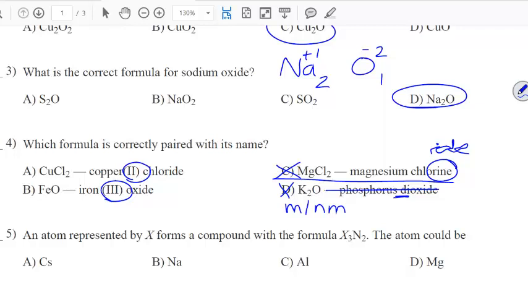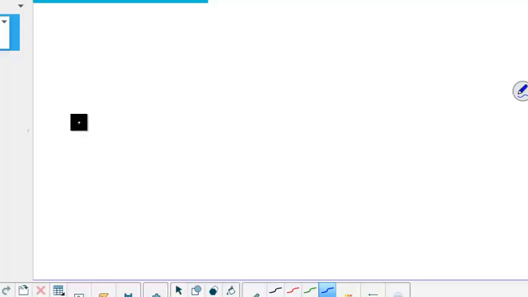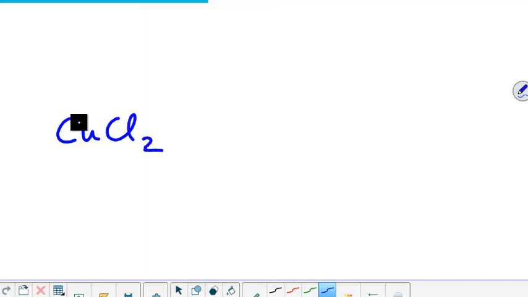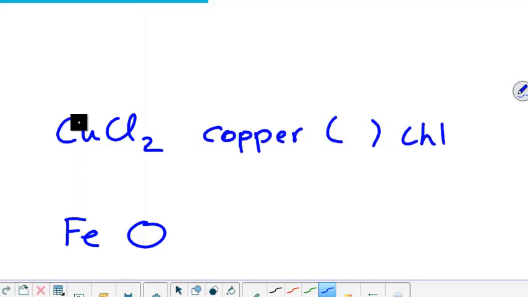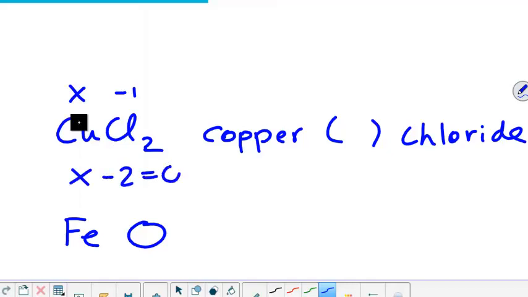So if we have CuCl2, what should that be called? And if we have FeO, what should that be called? All right, so we know it's copper chloride. The question is, what should the Roman numeral be? So remember, copper gets the X, chlorine gets the -1, bottom times top X, bottom times top -2 has to equal 0, X equals 2. So this should be copper 2 chloride.